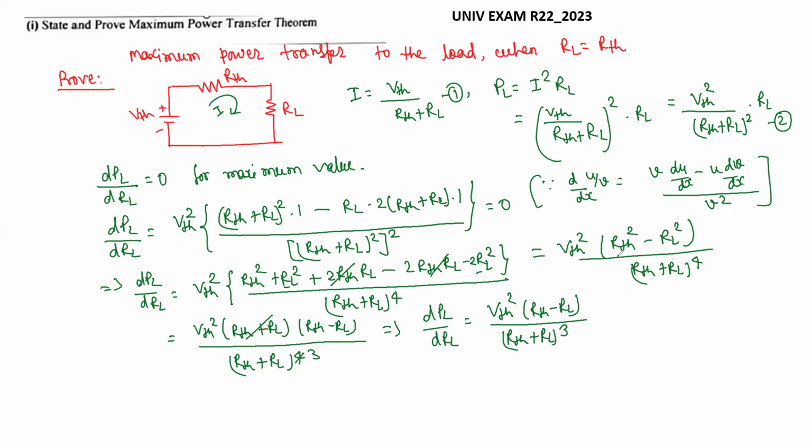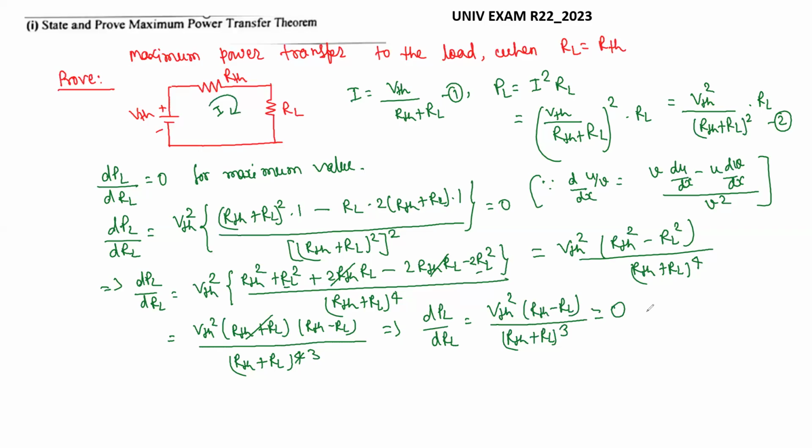Now in this case, what will be the condition? This is going to be equal to 0. So when will it be equal to 0? Here the denominator is positive, (RTH + RL) cubed, and in the numerator we only have RTH minus RL.